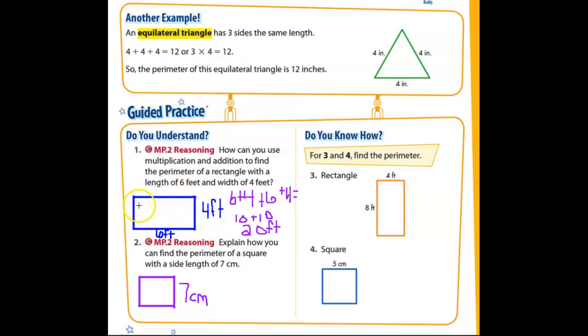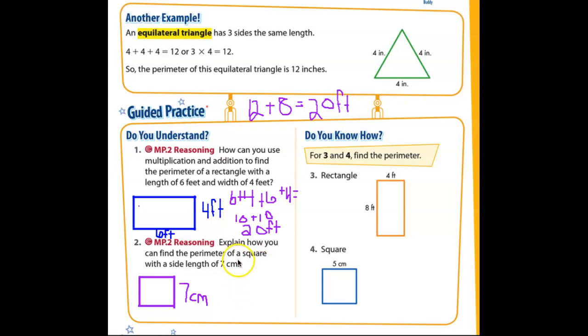So 6 times 2 is 12, plus 4 times 2 sides is 8, and then 12 plus 8 is 20. So you can see that you can multiply or add or do a combination of both.